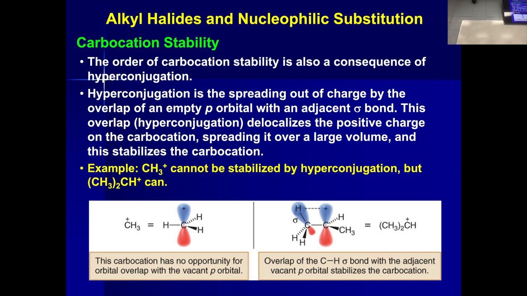So the more substituents I have around the carbocation, the more stable it is. And we call this hyperconjugation. Okay? And it's kind of weird because you can't really draw resonance structures for it without breaking the rules. But we know it has to be true because we see this difference in reaction rates.